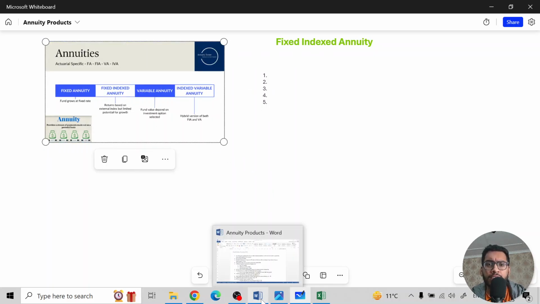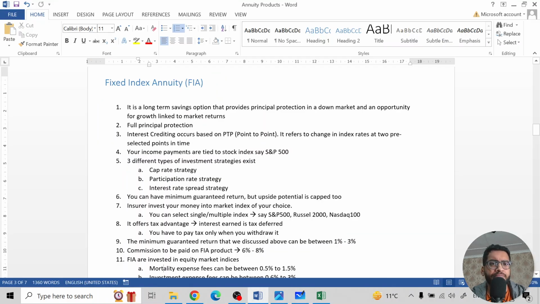It is a long-term savings option that provides principal protection in a down market and an opportunity for growth that will be linked to the market returns. Make sense? Simple.